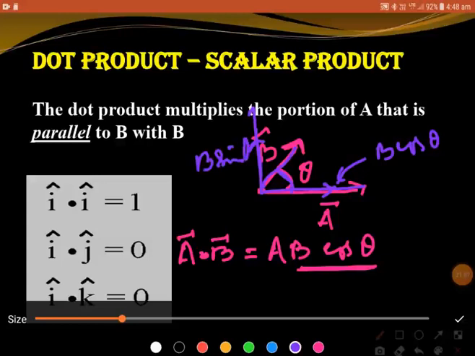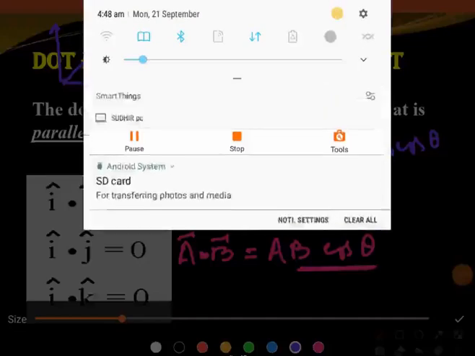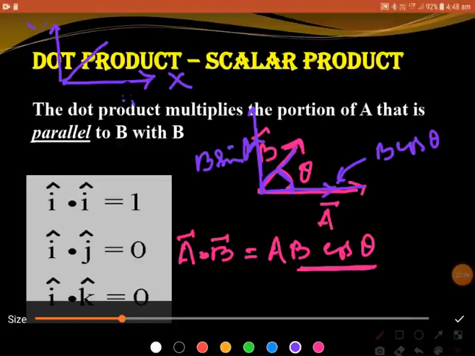How is it coming? Let's not take this as a vector; rather, take this along the x-axis and this along the y-axis.